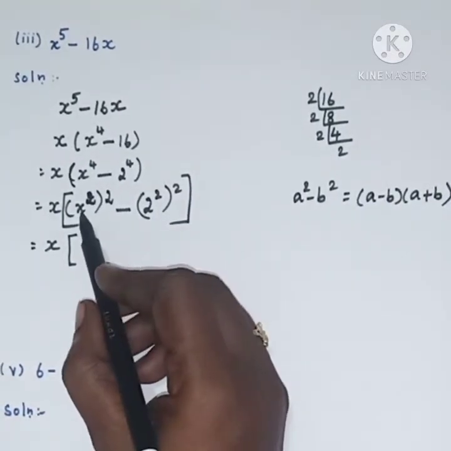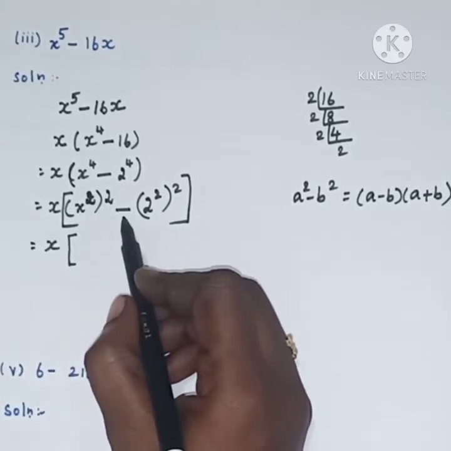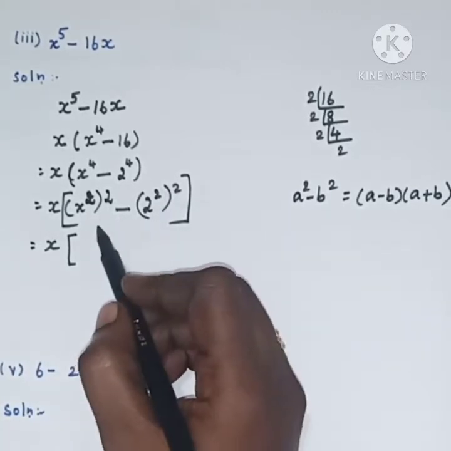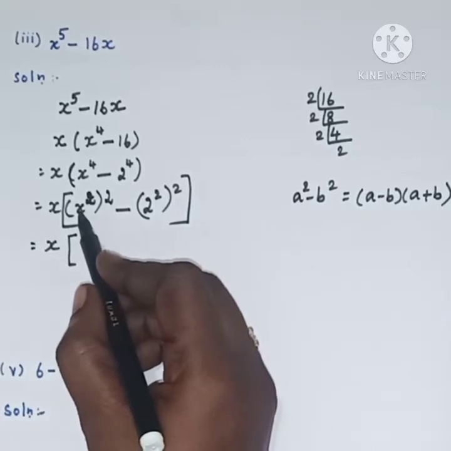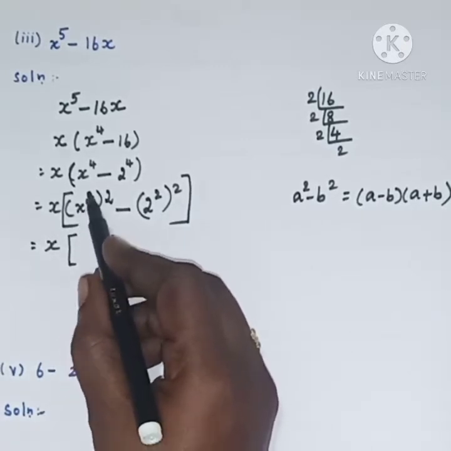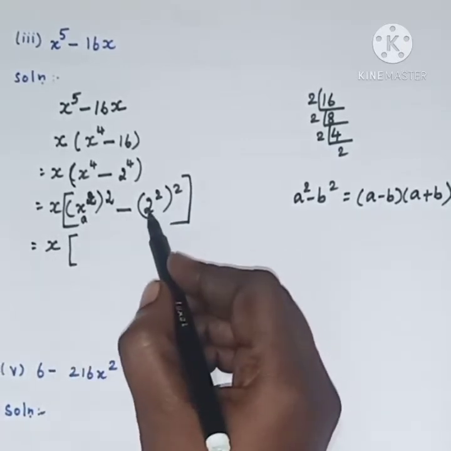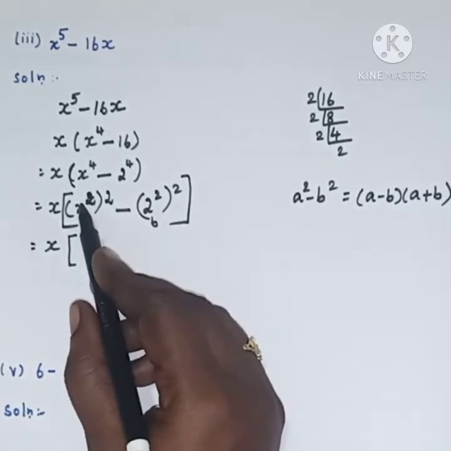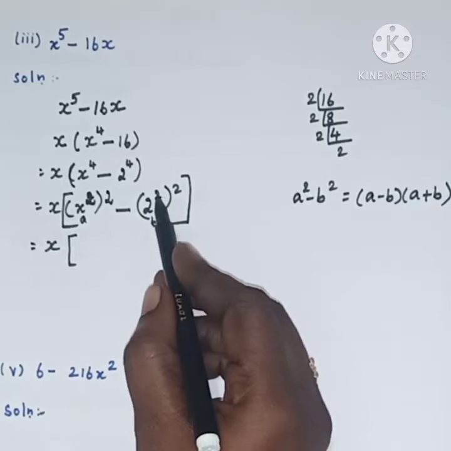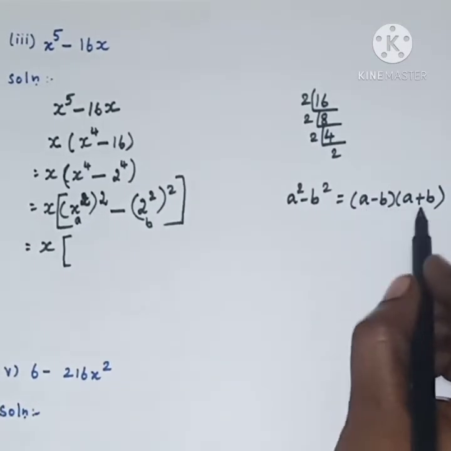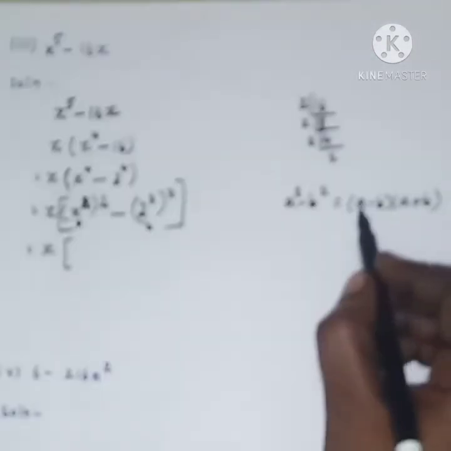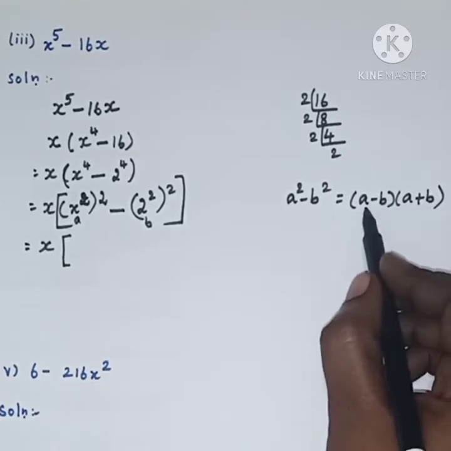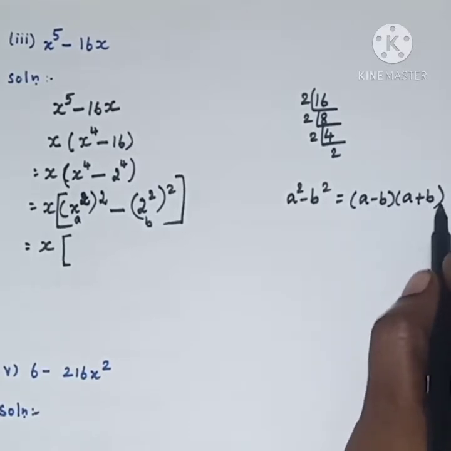Now we have x square the whole square minus 2 square the whole square. Take this x square as a and this 2 square as b, so a is equal to x square and b is equal to 2 square. Substitute in this identity: a minus b into a plus b.